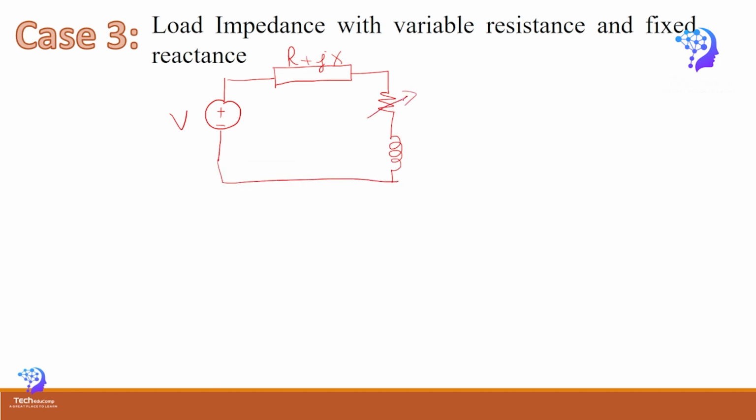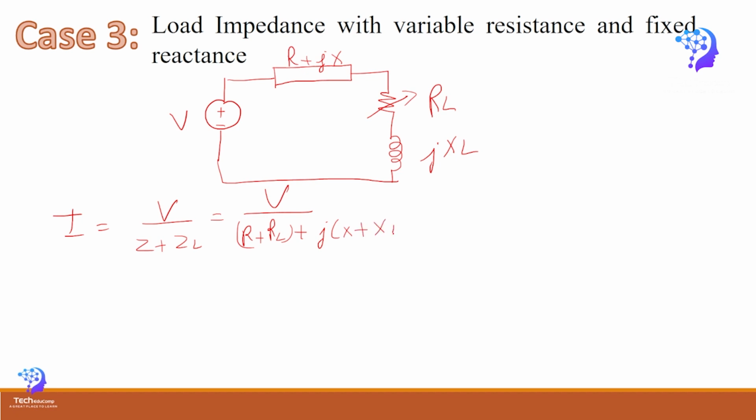This will be my RL, this will be jXL. Now I will be calculating the current, which is equal to V upon Z plus ZL. The current will be the same as in the previous case, R plus RL plus j(X plus XL). This will be equation number 1.